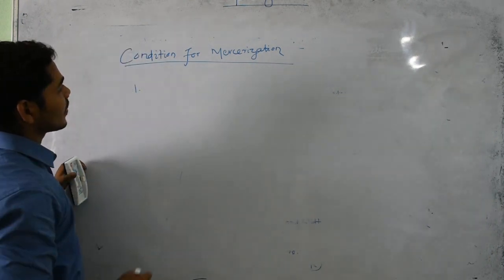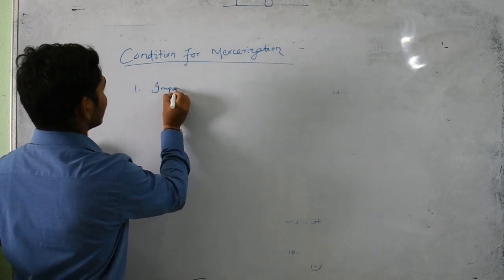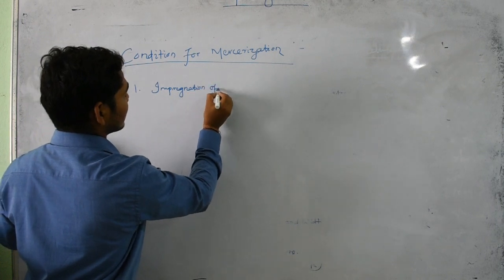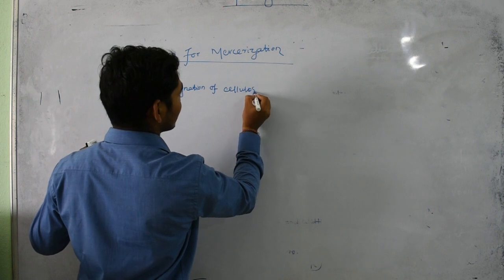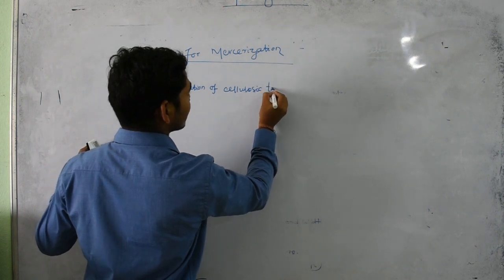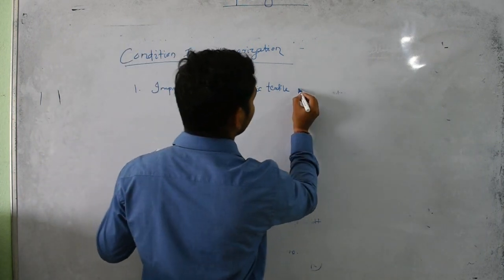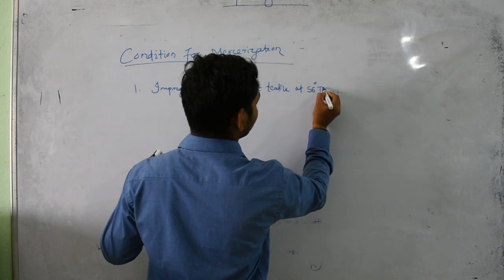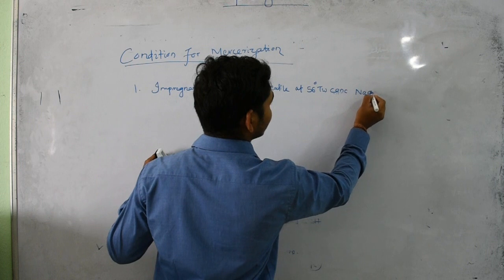First is impregnation of cellulosic textile at 56 degree total concentration of sodium hydroxide.